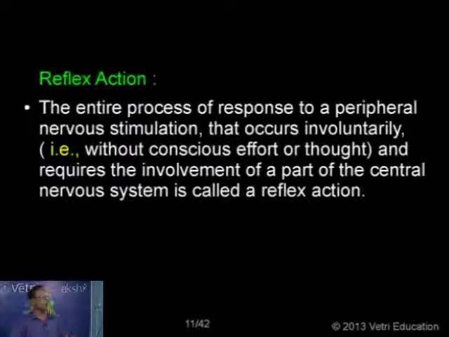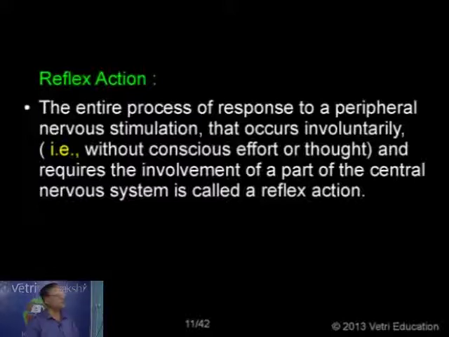That's why we use the words peripheral stimulation which occurs involuntarily and also requires the involvement of a part of the central nervous system, here the spinal cord. So all involuntary activity which occurs spontaneously, that means any activity which takes place naturally, is called a spontaneous activity.